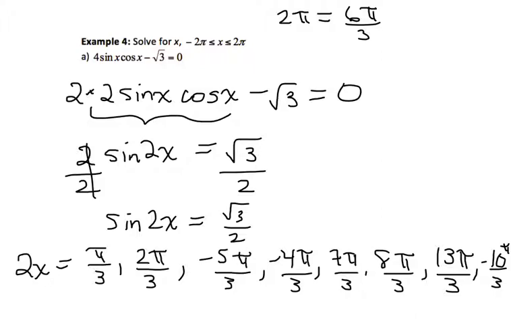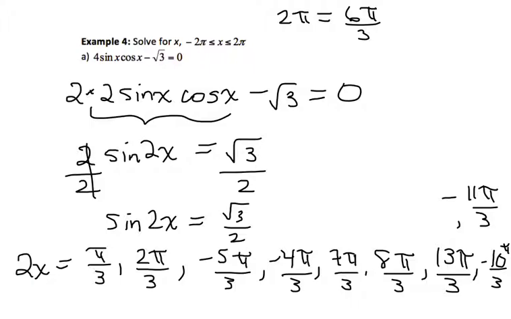1, 2, 3, 4, 5, 6, 7. I should have one more answer. So I don't know if I have another negative one. Let's see, if I added another 2 pi, yes. So I have another negative 1 because when I add another 2 pi to this, that's going to give me negative 11 pi over 3. So when I divide by 2, I'll still be within my range of negative 2 pi to 2 pi.